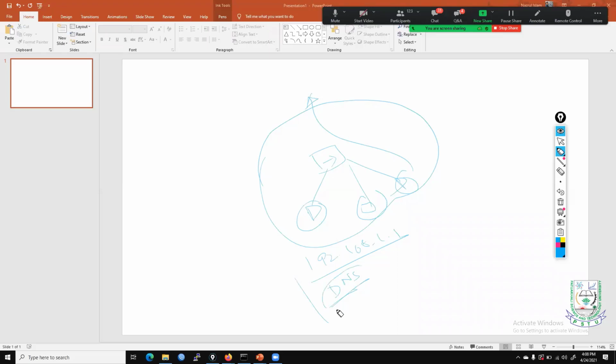So when the DNS is compromised, the users of the network are unable to access the website or any other services, right? So actually, if your DNS is compromised, all the systems will be inaccessible from the internet, right?